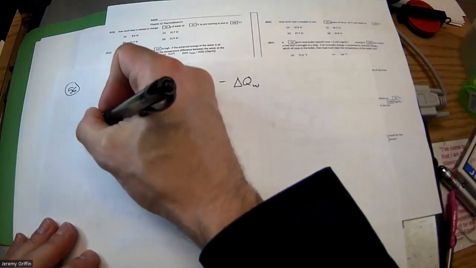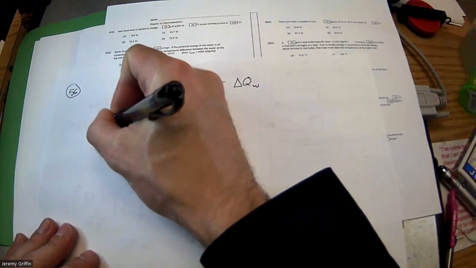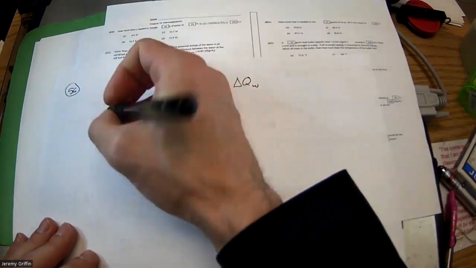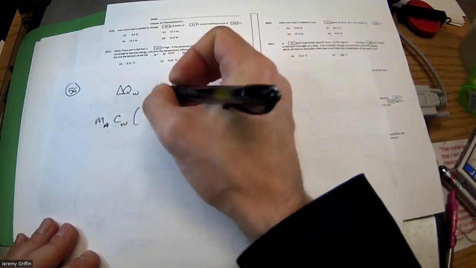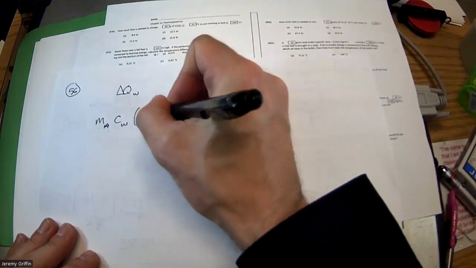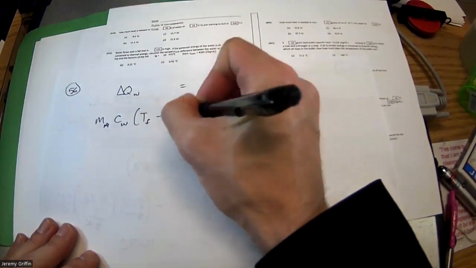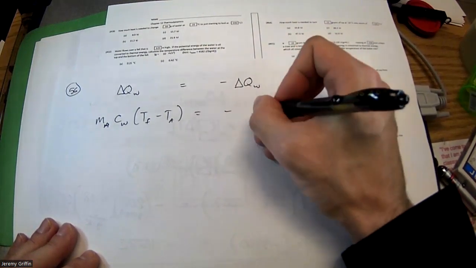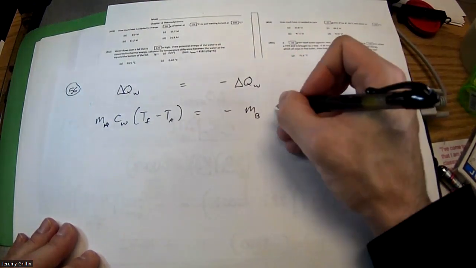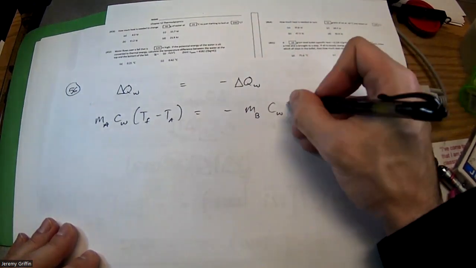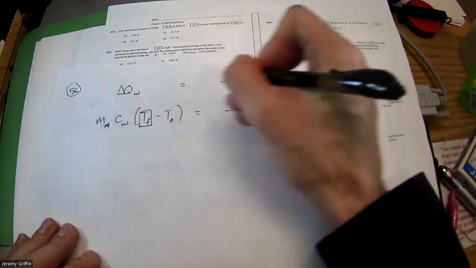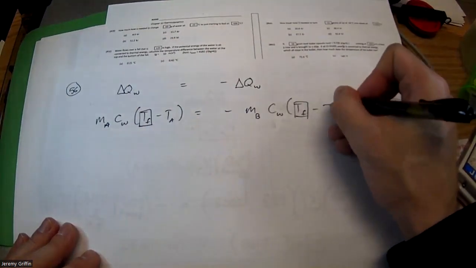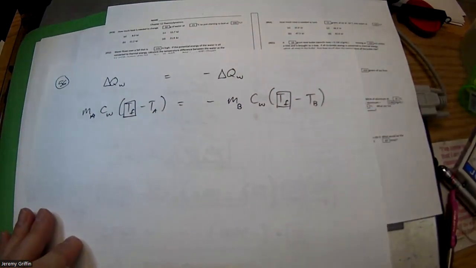So I've got the mass of one water, maybe mass A, times the specific heat of water, times delta T, which is T final minus T initial, is equal to negative mass of water B, times the specific heat capacity of water, same, water is water, times T final, same T final that we're solving for, minus the initial temperature of mass B.